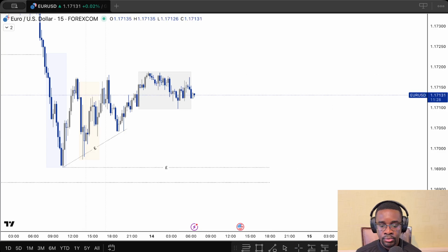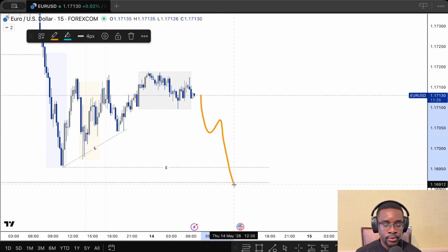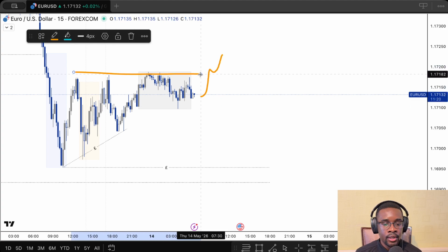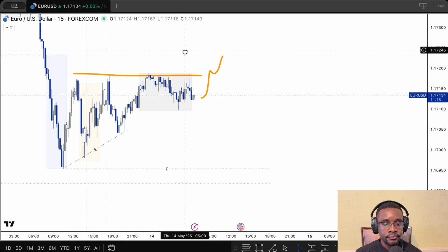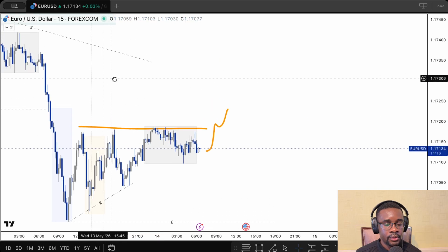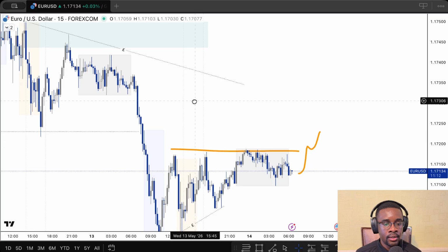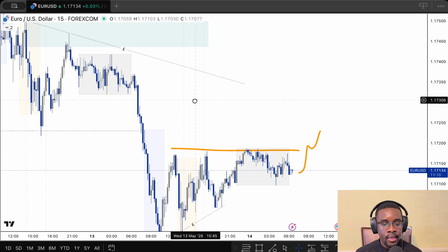It's now a question of whether price will just fall through immediately or come up and check out the Asia high. What else could happen? Check out the Asia high. We do have a level of imbalance right there.